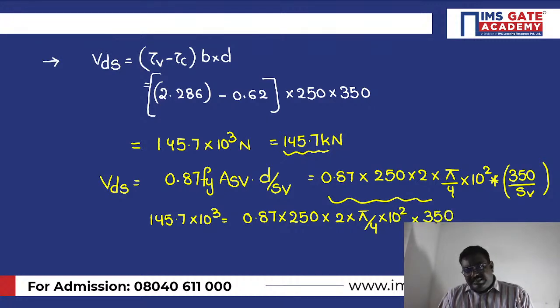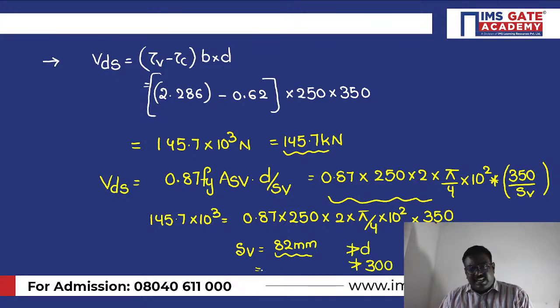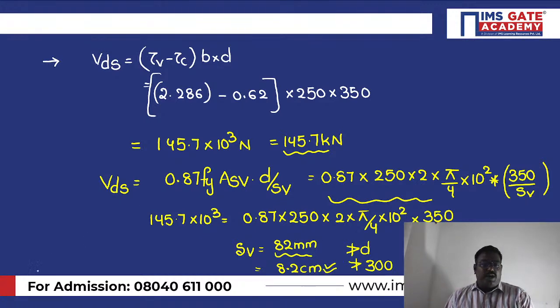From this, sv can be calculated as a value of around 82 mm. And remember, we have a check: sv should not be greater than d, and sv should not be greater than 300 mm. Yes, it is not greater than d. So sv can be taken as 82 mm. If they ask for the answer in centimeters, the answer is 8.2.